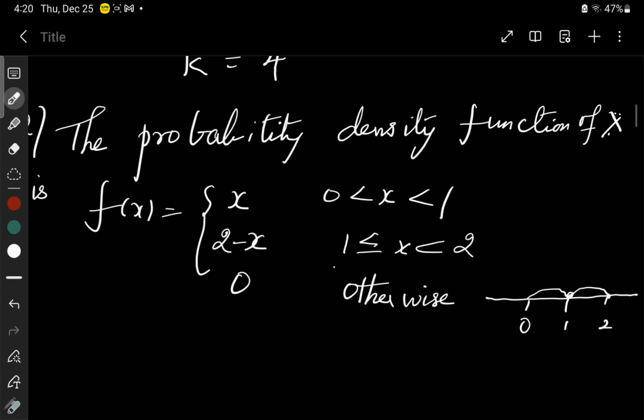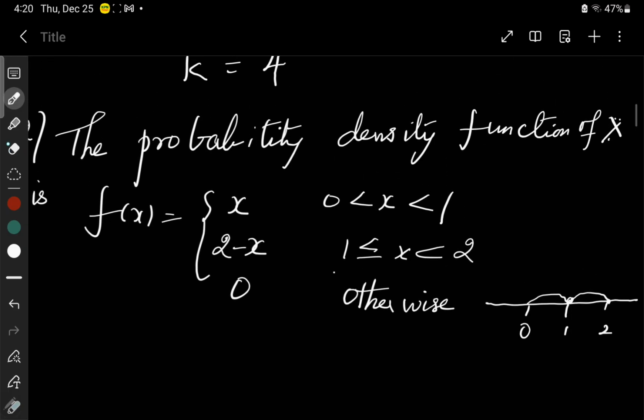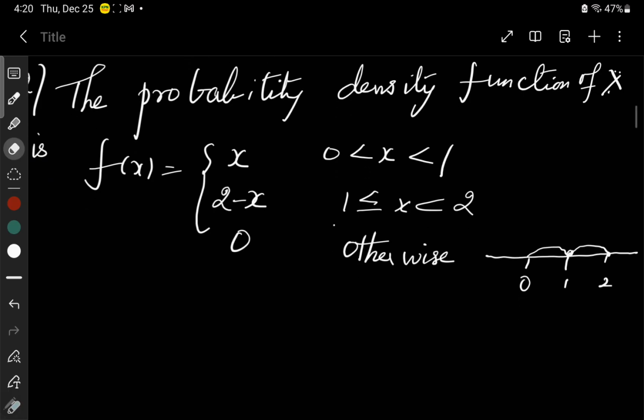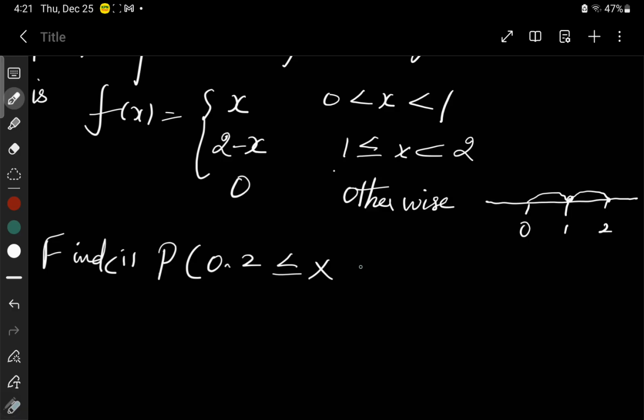Let me use the formula here for the density function. The question asks you to find p of 0.2 less than or equal to x less than 0.6.